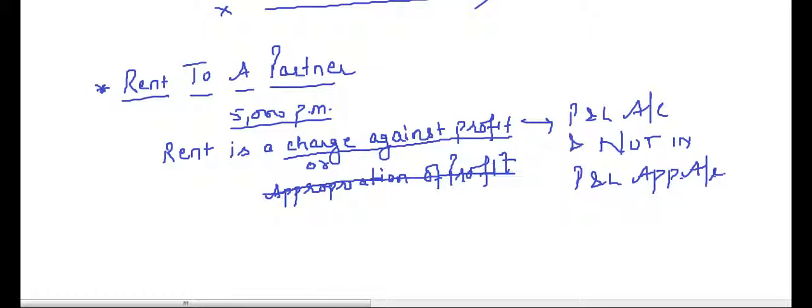Before that, in the previous lectures, I told you one more point, interest on partner's loan, that it has to be paid whether there are profits in the firm or there are losses. The firm has to pay interest on loan. So two things are a charge against profit: interest on partner's loan, and second, rent paid to a partner. Very important, keep this in mind.